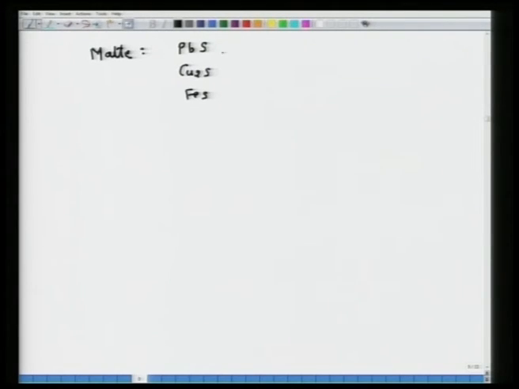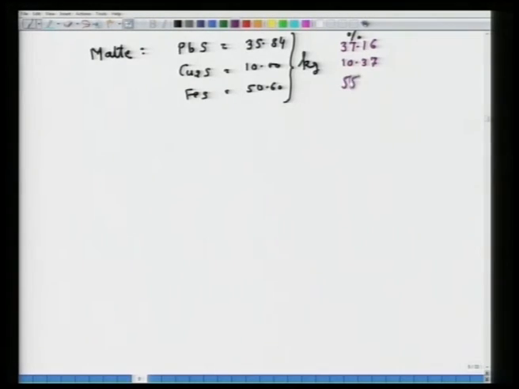So, PbS as we calculated 35.84, Cu2S 10.00, FeS is 50.60, mind you they are all in kg, where in percent wise the percent is 37.6, 10.37 and 55.47, that is this, that is this, and that is this. That is what the MET comprised of.